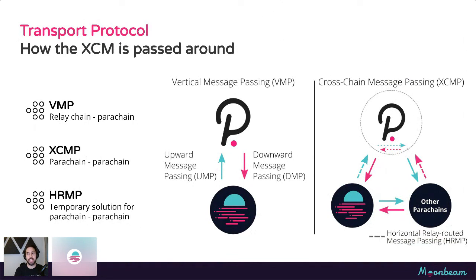Then this is sent to the other parachain. The problem with this setup is that it is less performant and not that scalable, because sending 100 messages or more is not scalable for the relay chain. So it is a temporary solution that is only being implemented while the full XCM transport protocol is deployed.